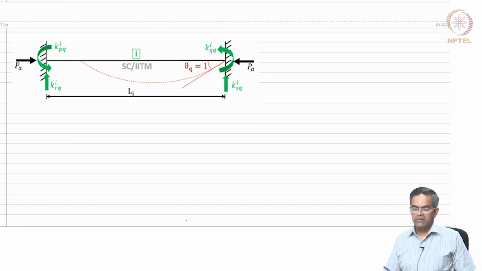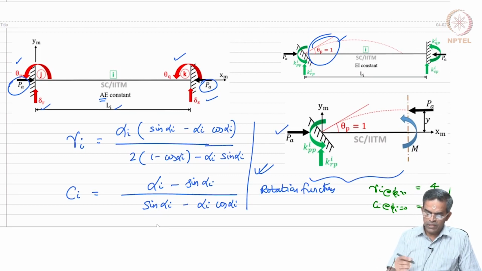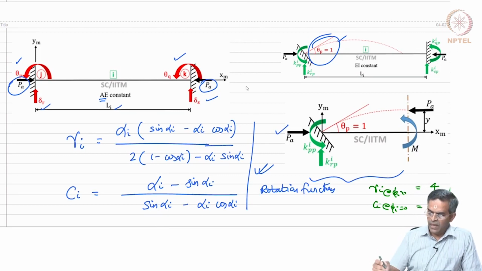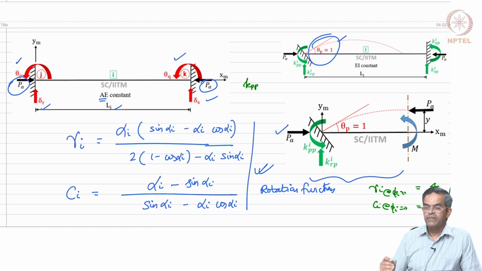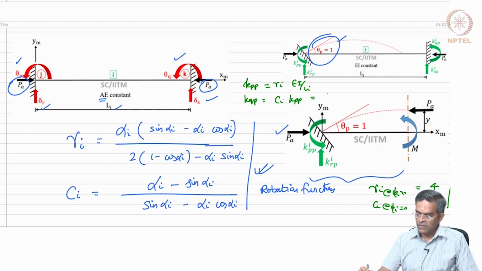we gave rotation at the kth end and derived the coefficients simultaneously, and we found that for this particular case Kpp was found to be Ri times Ei by Li, Kqp was found to be Ci times Kpp, which is Ci times Ri Ei by Li.